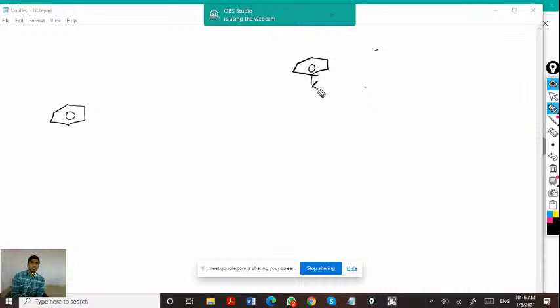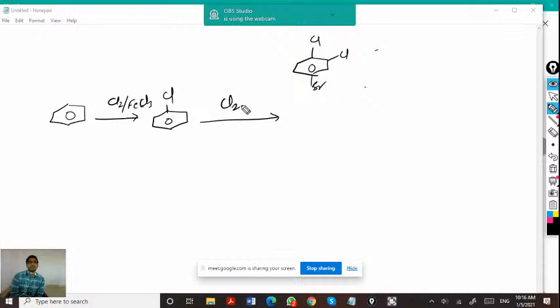This is my desired final product. If it is treated with initial chlorination, it is going to give chlorobenzene. If I treat it again with chlorination, what's going to happen? At the ortho and para positions, chlorine is going to substitute.